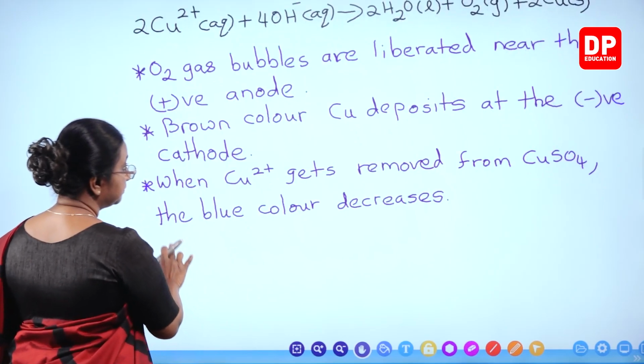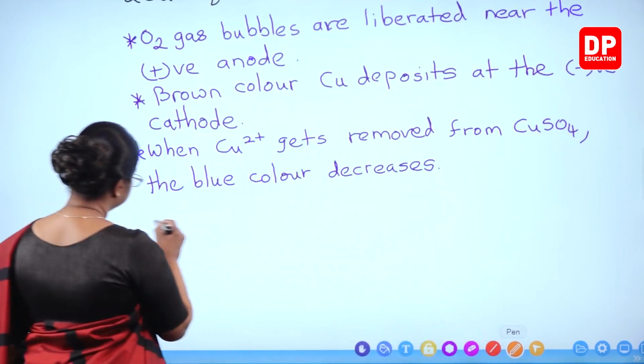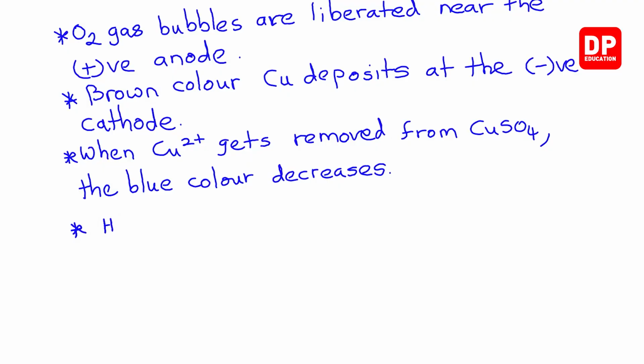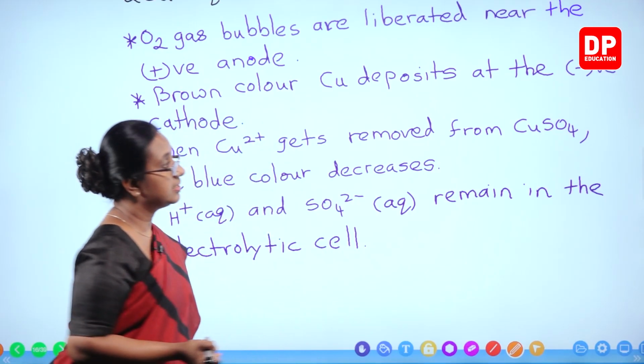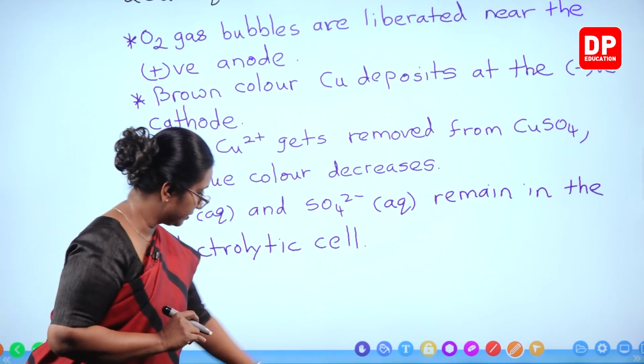And H plus ions and sulfate ions remain in the electrolytic cell. Is that clear, students?